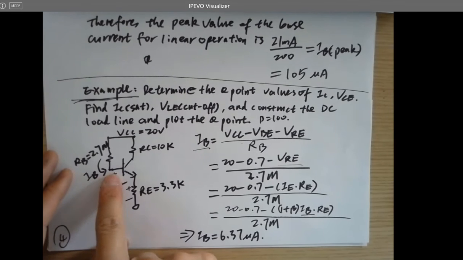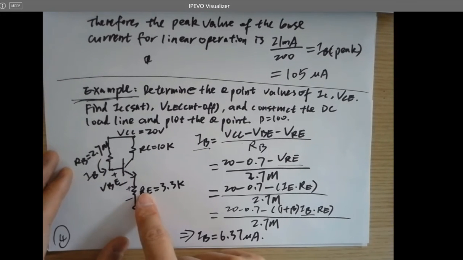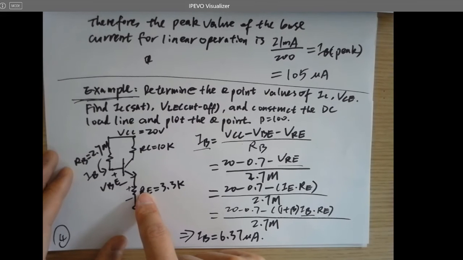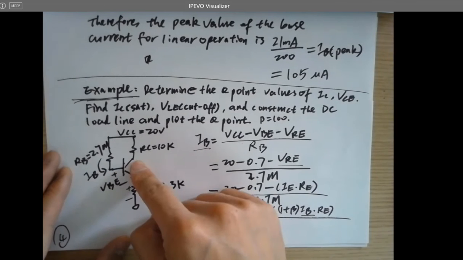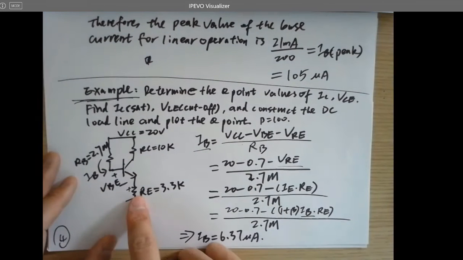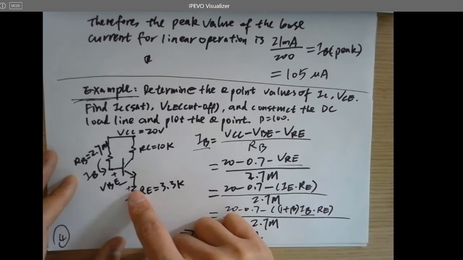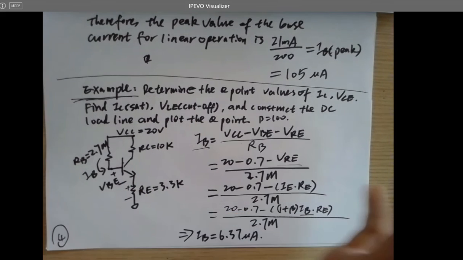See, if you know IB, you know pretty much everything for the DC, for the Q point. Because beta is given, if you know IB, you get IC. If you know IB and IC, you get IE. For DC circuits, if you know the currents, you know everything.